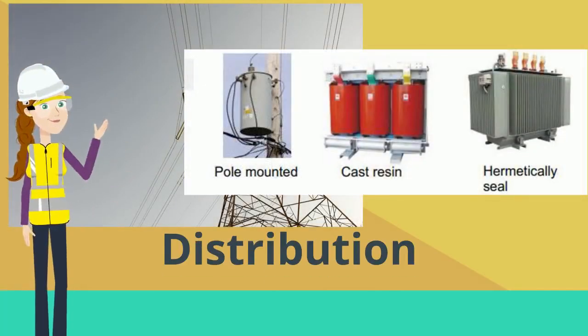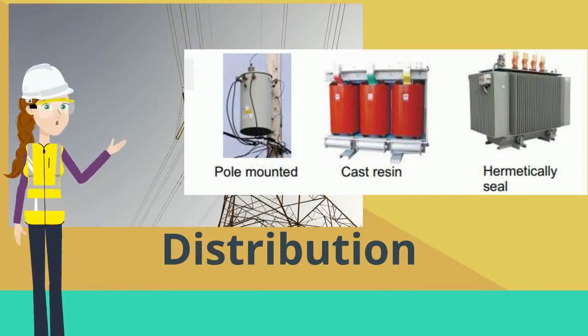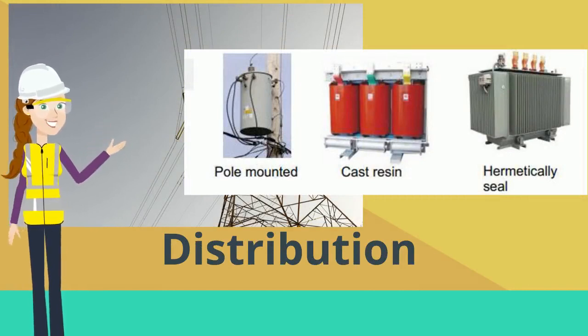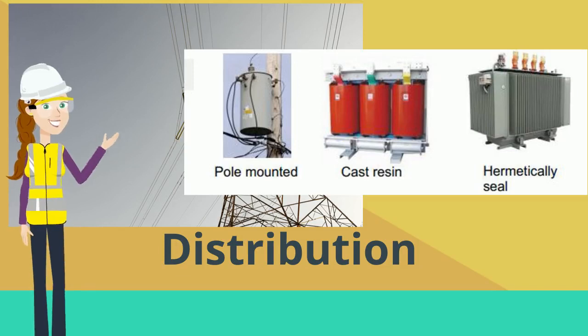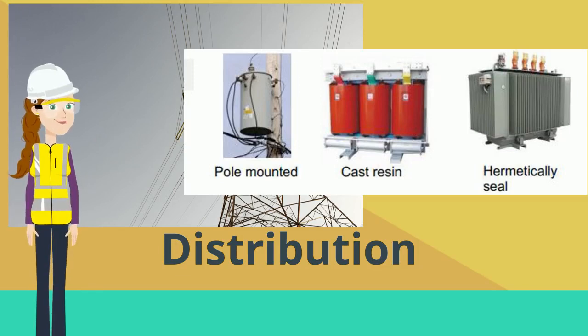Lastly, for the distribution, we have pole-mounted, cast resin, and hermetically sealed. Pole-mounted are widely used in rural areas, and most of Sabah and Sarawak are still using pole-mounted as their power supply. And that's all from me. Thank you.